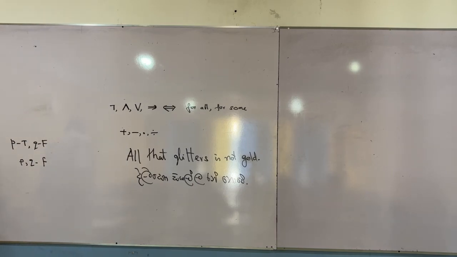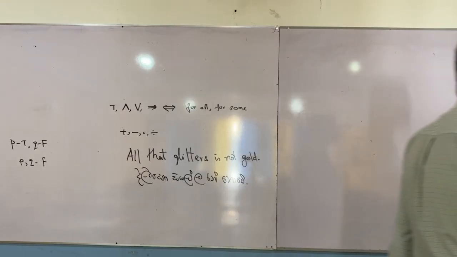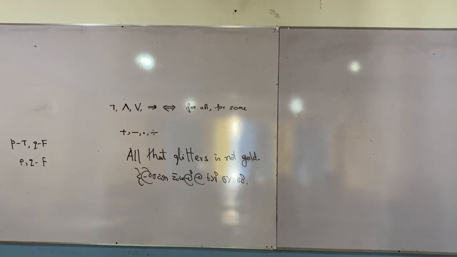And now I wrote some problems. I have 20 problems. Some of them may be very easy. These kinds of problems are important to convince yourself that your brain is becoming logical.